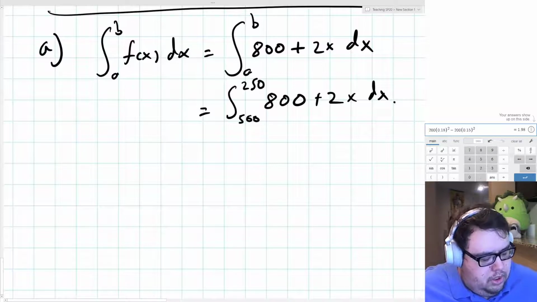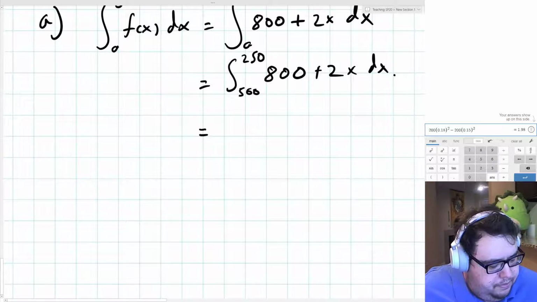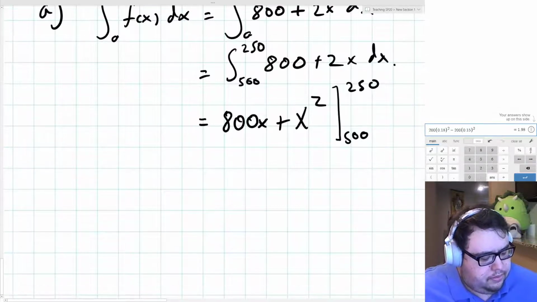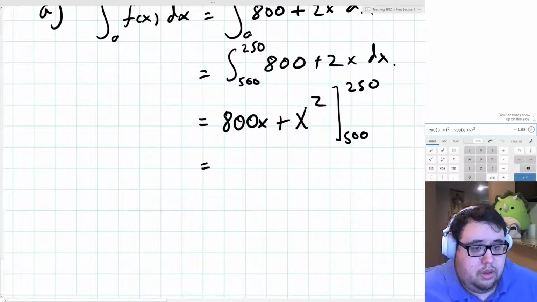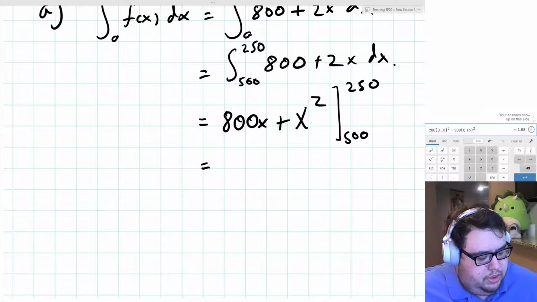So here we end up with 800x plus x squared evaluated between 500 and 250. So we just need to plug in.